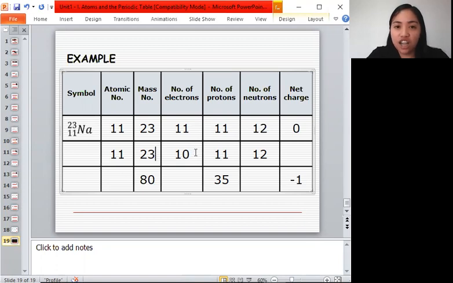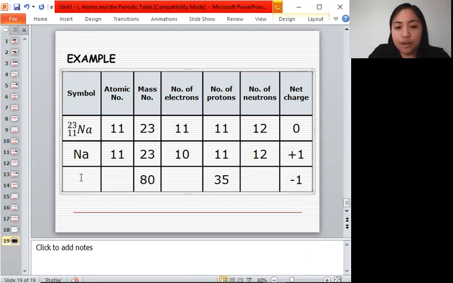Meaning, nakuhaan siya og isa. Diba? 11 og 10. So, nakuhaan siya isa. So, iyahang net charge is plus 1. So, kung nakuhaan siya, plus na siya sa charge. Okay? Kung nakuhaan ng electron, plus na siya sa charge. But pag abot diri, okay, so this is also sodium, Na.